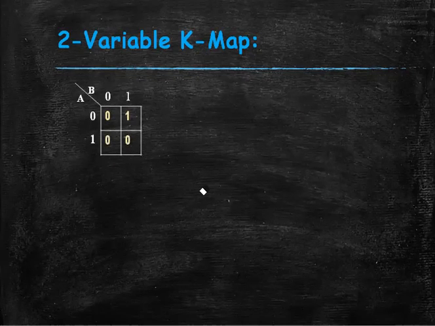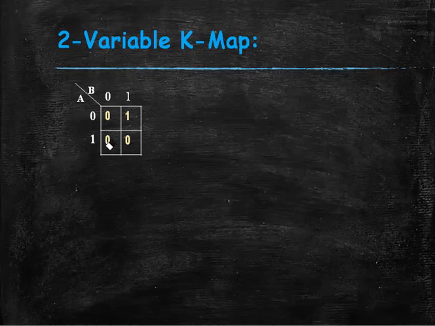Now we go on to obtain the truth table, logical expression, and the SOP form from a given K map. A K map is given here. Okay. From this, look at in which position a 1 is.